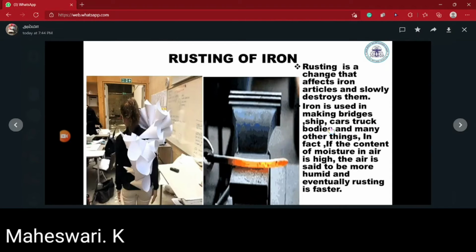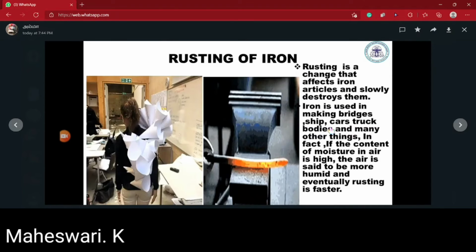Now we are going to learn rusting of iron. Let us see why the process of rusting is a chemical change. What type of change is burning paper?